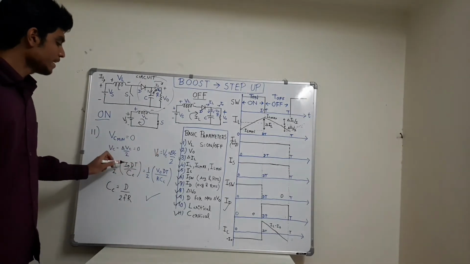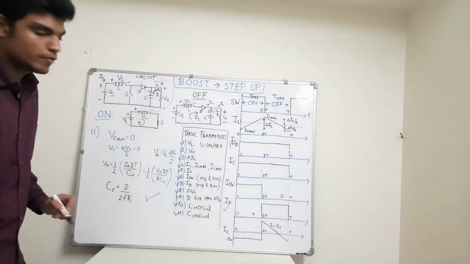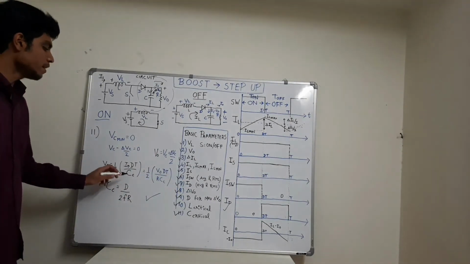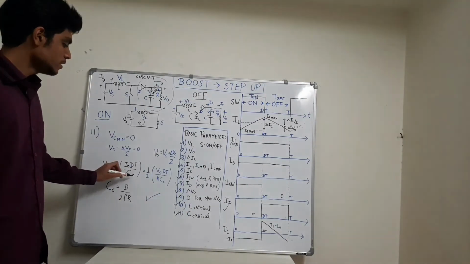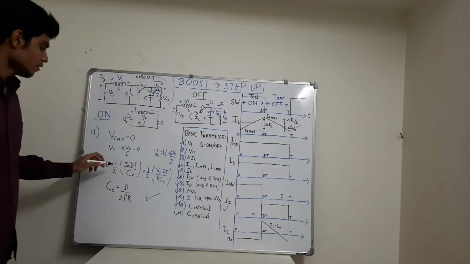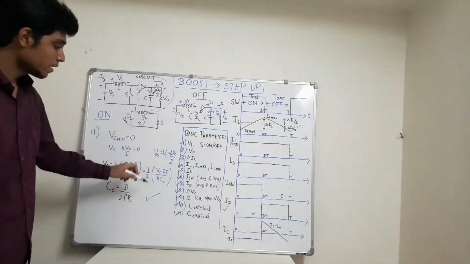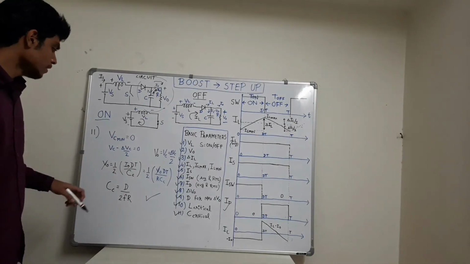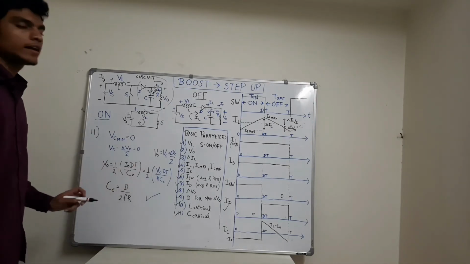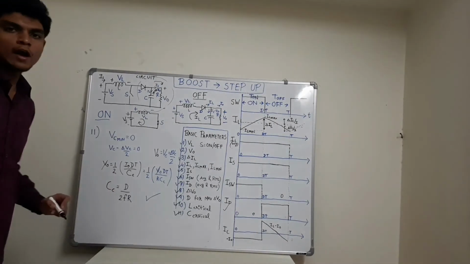Now substituting del Vc, which equals del V0 derived previously, equals I0 dt upon Cc, where Cc denotes critical capacitance, and I0 is V0 by R. So V0 gets cancelled, and we finally get the critical capacitance Cc equals D upon 2FR.